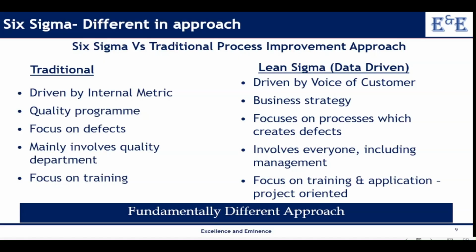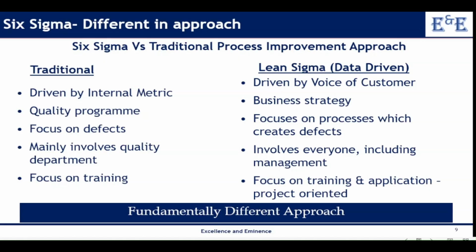Let's say Six Sigma. And now, why does Six Sigma become an important tool? The traditional method is always driven by an internal metric. Okay, what is the profit? What is the number of defects? But Six Sigma or Lean Sigma, if you combine Lean and Six Sigma, we will discuss Lean a bit later, so we will have a Lean Six Sigma. It depends upon the voice of the customer.